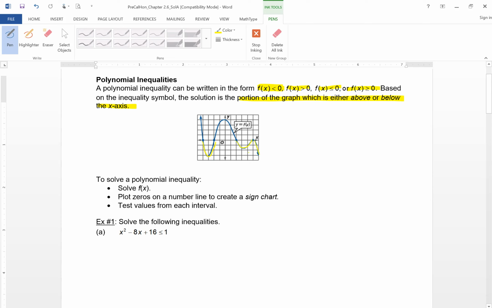So visually, that's what we're talking about, when we analyze the graph. Now, if we want the regions where f of x is greater than 0, then I want the x values for which the graph is above the x-axis. And the x values for which the graph is above are here.